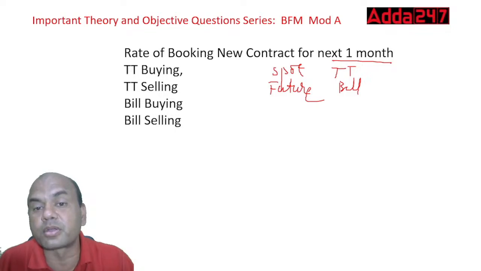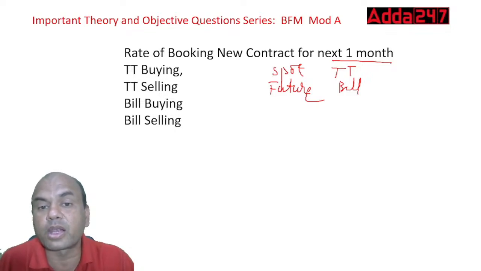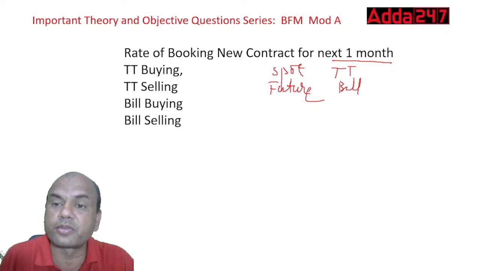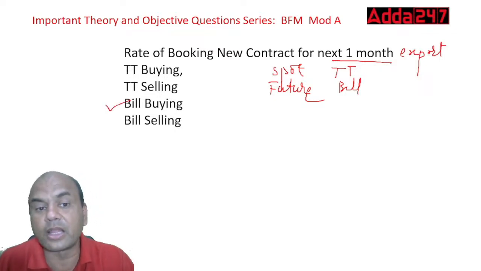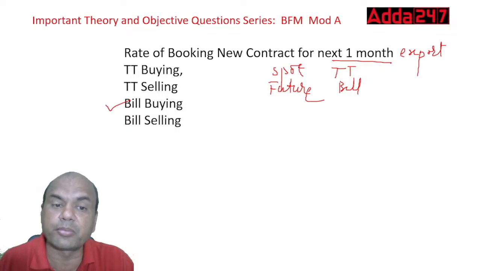But bill means what? Booking a new contract for 1 month. Suppose I say export contract. Export means buying, so I'll be using the bill buying rate. If it's import, then I'll be using the bill selling rate. So for the next 1 month export, if the question is given, you'll do it at the bill buying rate.